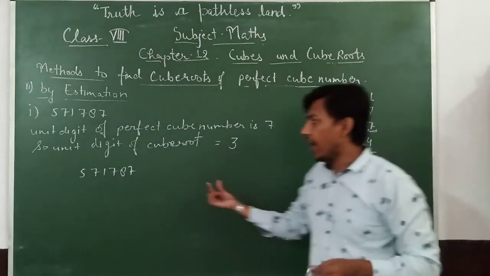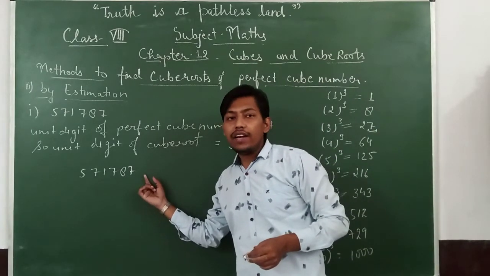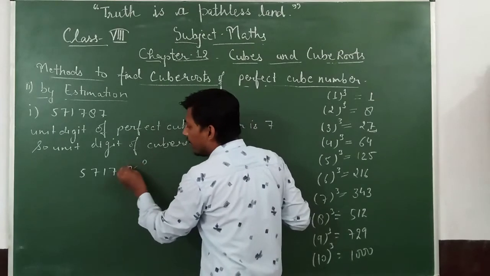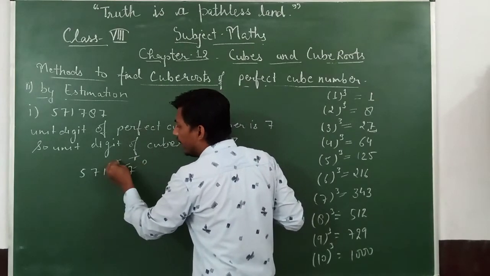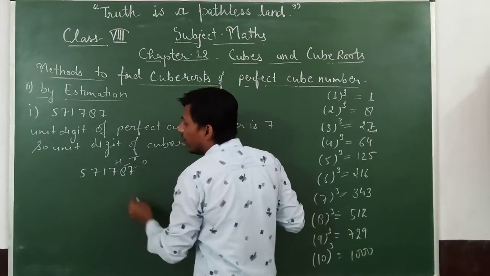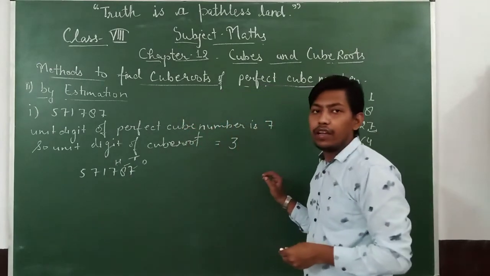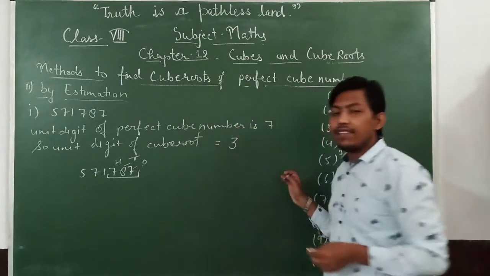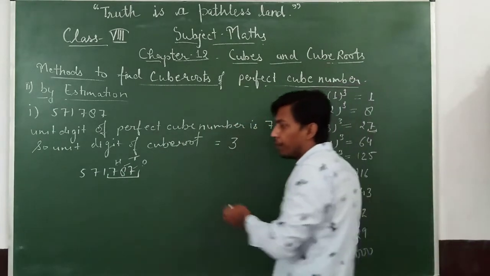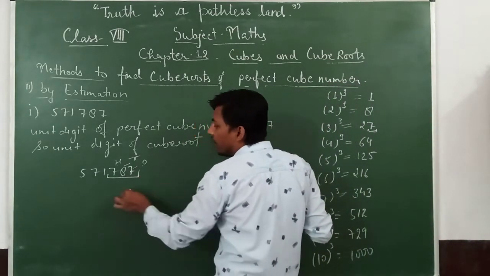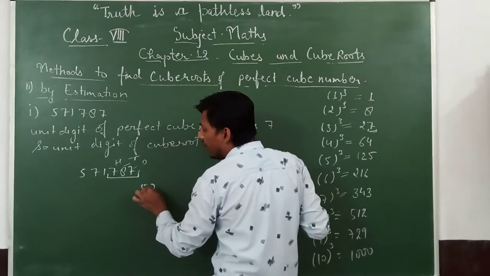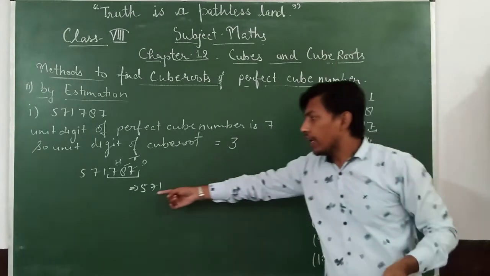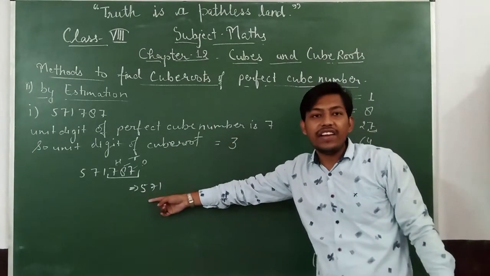Starting from the right side, take out the last 3 digits: ones place, tens place, and hundreds place. Remove them. After removing, we will get 571.